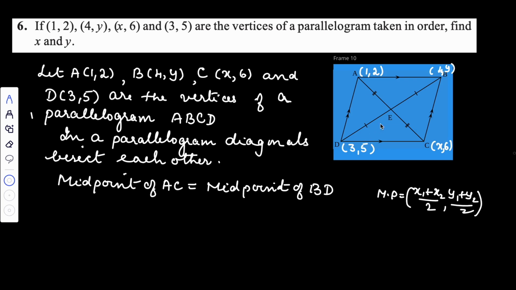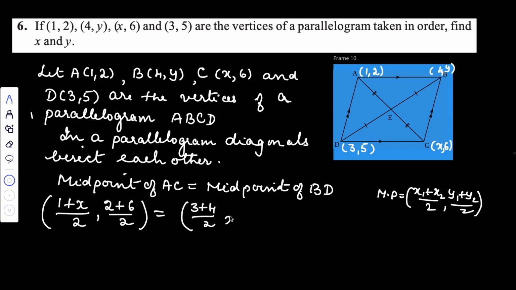Now here midpoint of AC, this is x1, x is x2. So (1 plus x) divided by 2, (y1 plus y2) by 2, that is (2 plus 6) by 2, is equal to midpoint of BD, (3 plus 4) by 2, (5 plus y) by 2.